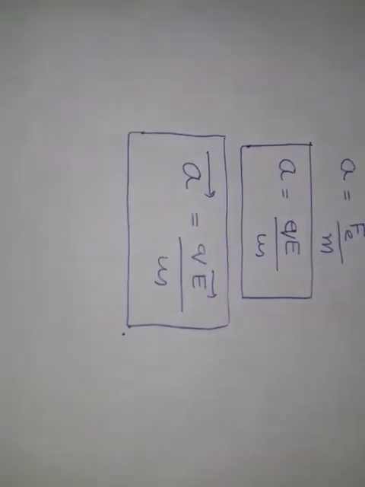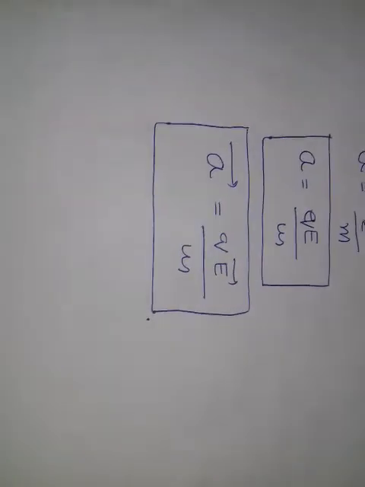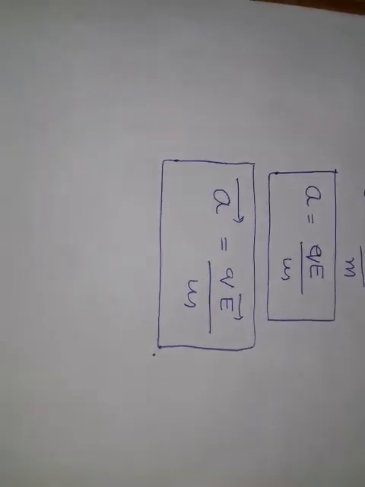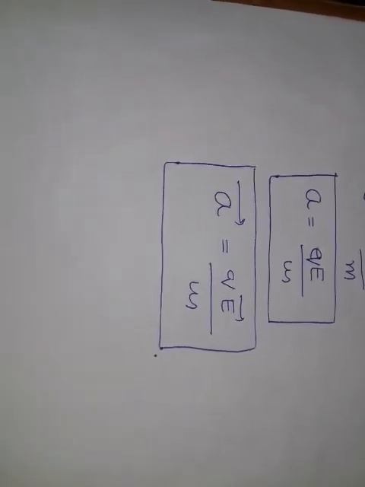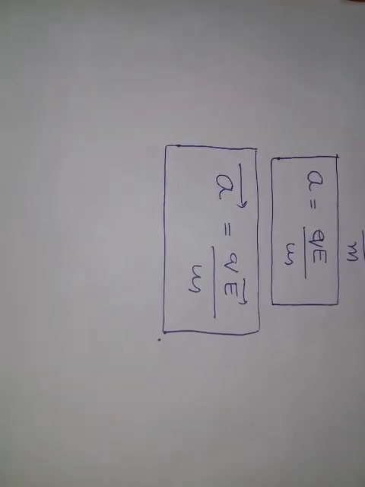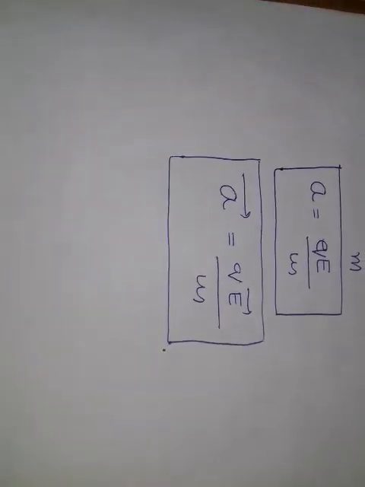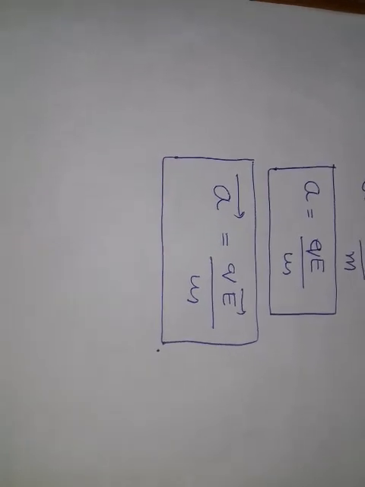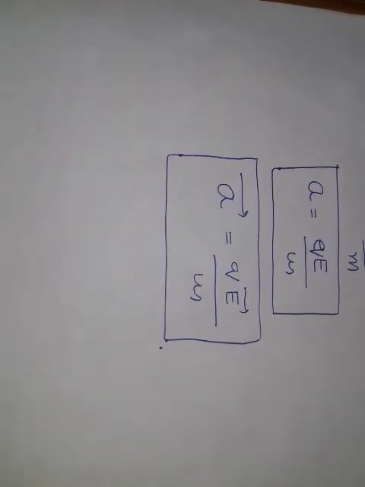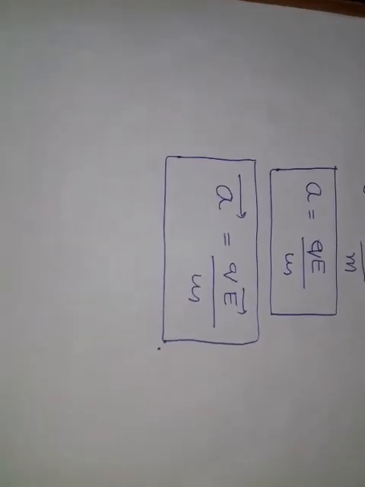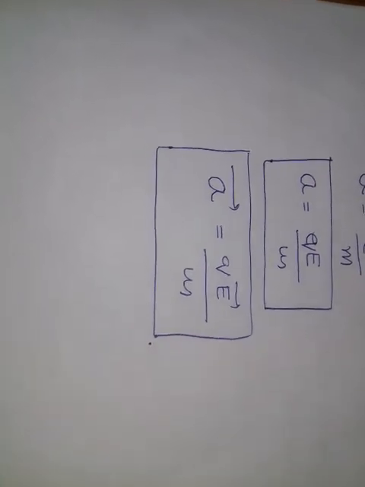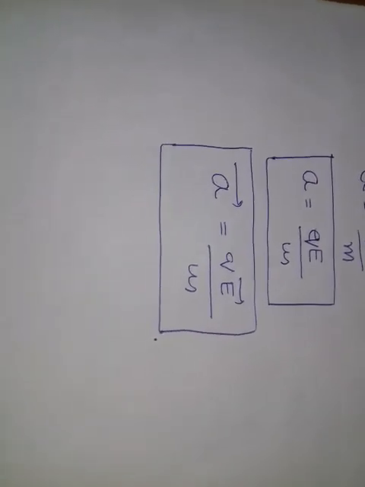So acceleration is qE upon m. If q is a positively charged particle, then acceleration is in the direction of electric field. If q is negative charge, then acceleration will be opposite to the direction of electric field.